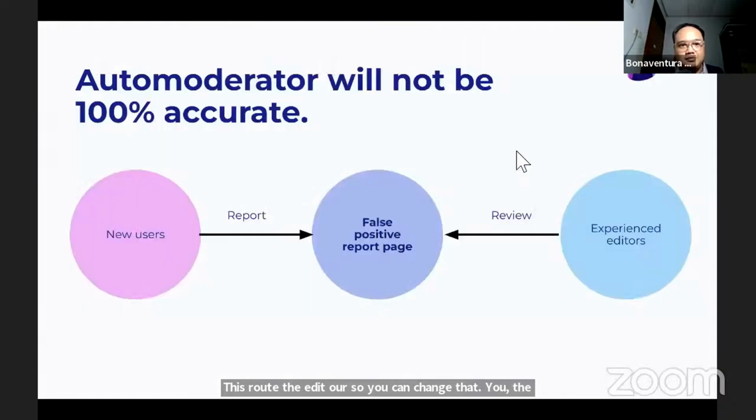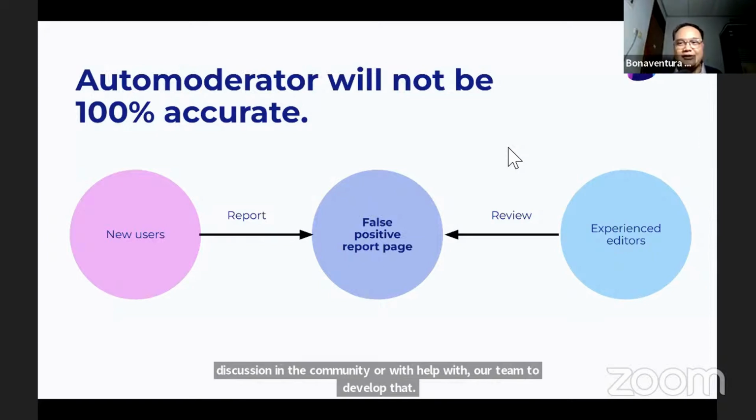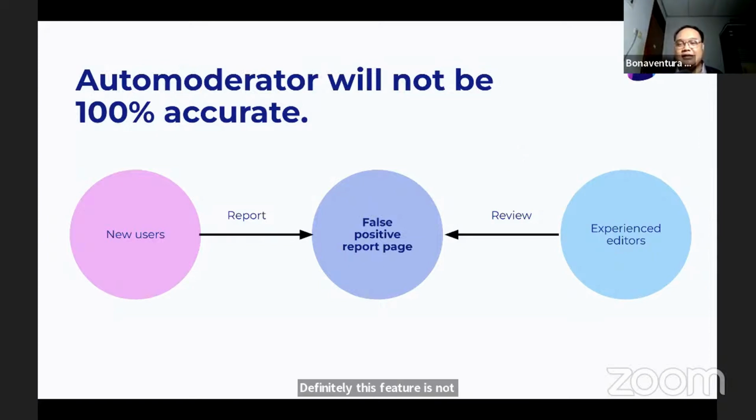Definitely, this feature is not 100% accurate because it uses a basic machine learning model. So everyone can get involved to help. In the future, we will have a false positive report page. New users can report to the page, and experienced ones will review it to make this feature more reliable in the future.